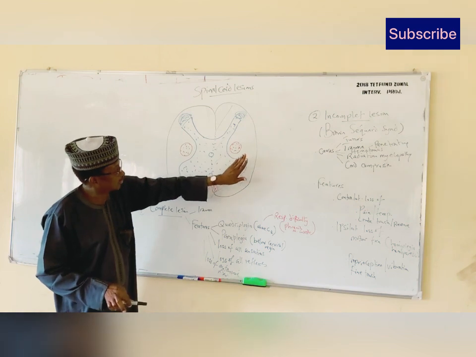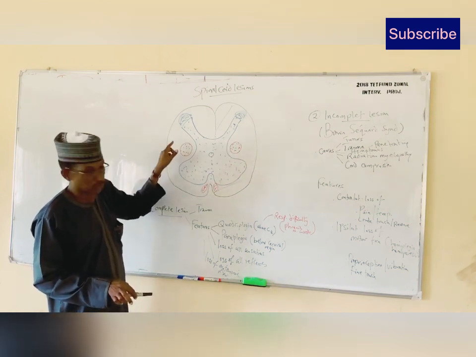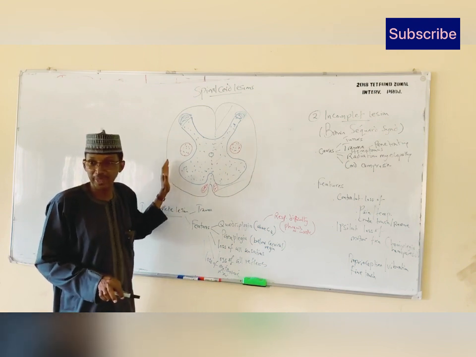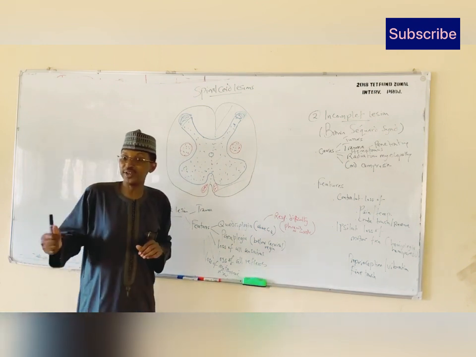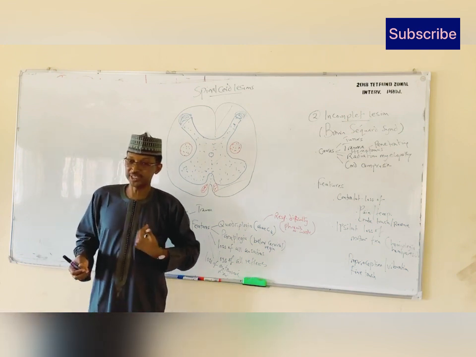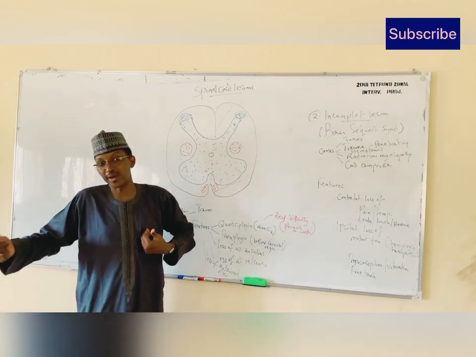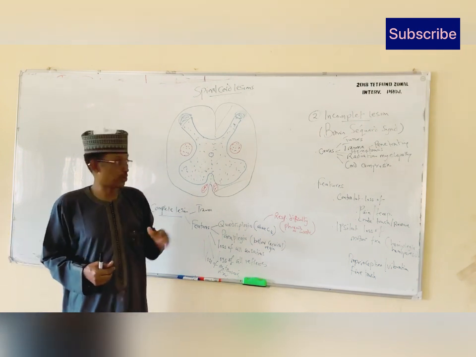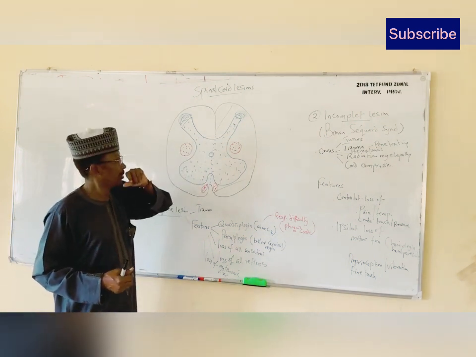So once you cut this side, it is the contralateral side that is going to be affected. So the right side of that person is not going to feel pain and temperature and crude touch. Although it is the left side that is affected, his right limb will not feel pain and temperature. Are you clear? Because of this crisscrossing.